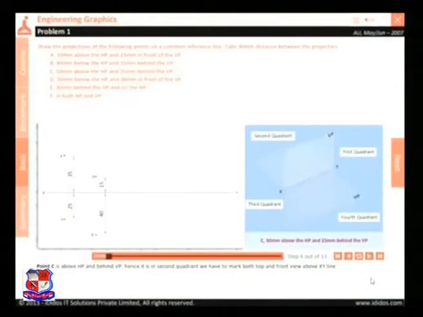Point C is above HP and behind VP. Hence, it is in the second quadrant. We have to mark both top and front views above the XY line.